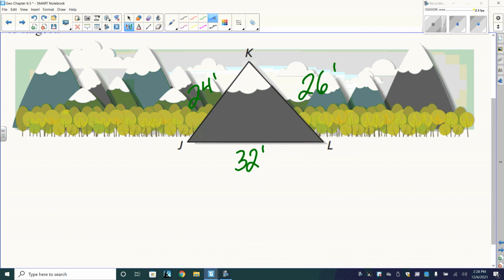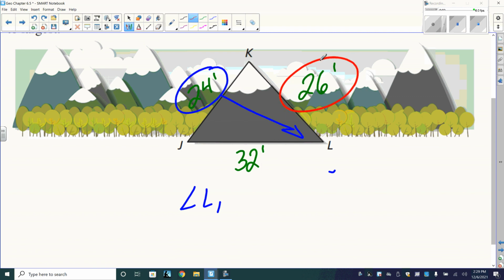So looking at these three here, which is the smallest side? 24 is the smallest, so angle L would be the smallest. 26 is the next, the side in the middle, and the angle opposite is angle J. And the last one would be angle K, and 32 feet is the biggest, so angle K is the biggest.